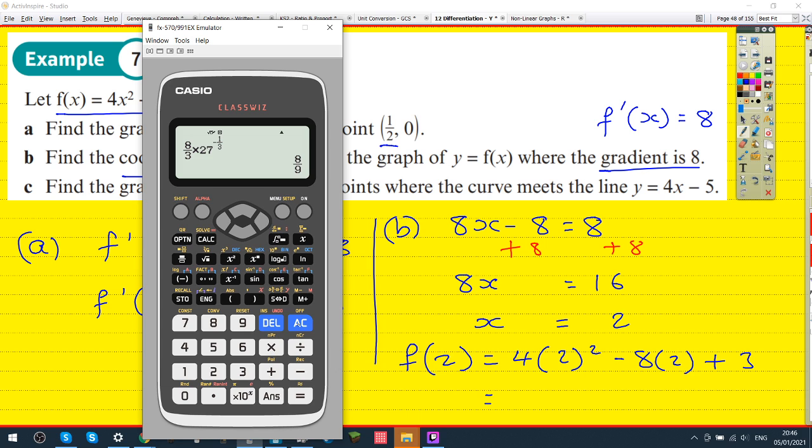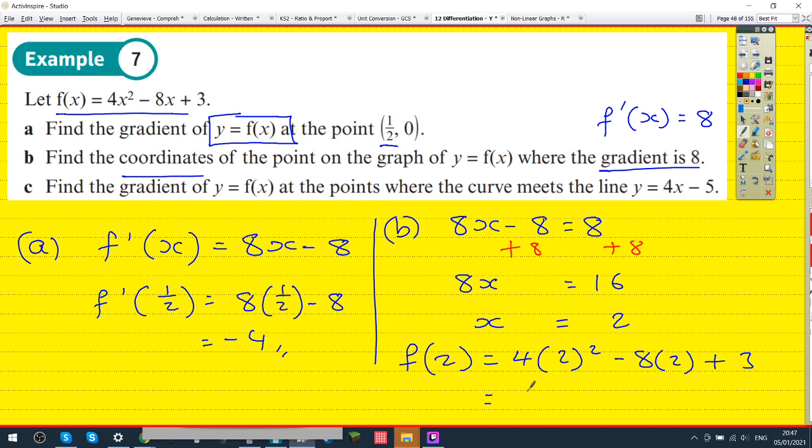So would you do indices first? I'd put the whole thing in the calculator. Because there's no extra marks for it. This is showing your working out, essentially. Okay.